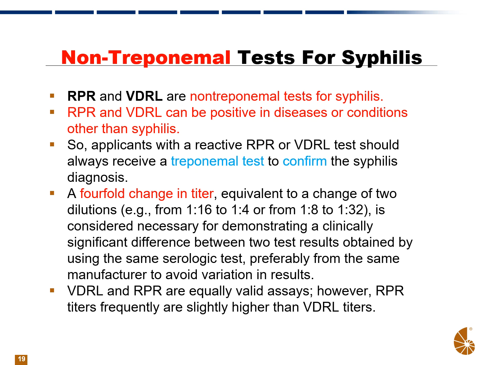And then a fourfold change in titer is significant. So if a person goes from 1 to 4 to 1 to 16, or goes from 1 to 8 to 1 to 32, that's an important test result to recognize, and further testing would be required.